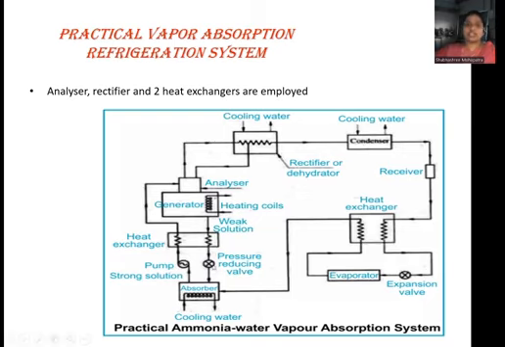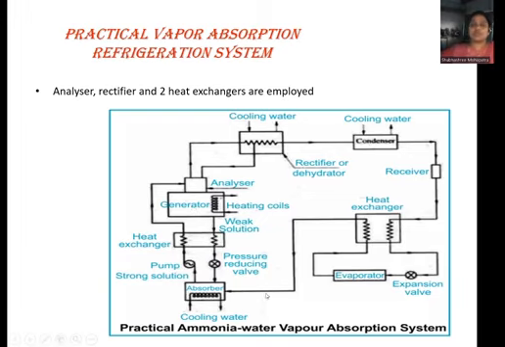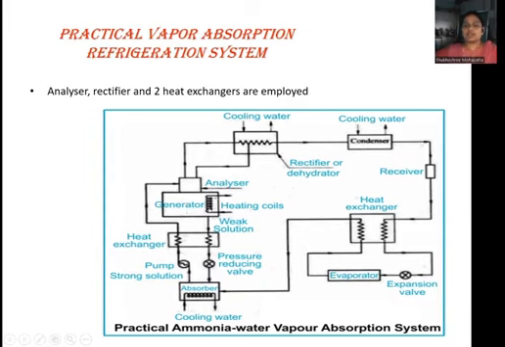There is another heat exchanger provided between the pump and generator. With the help of the pump, we are supplying the low temperature strong solution to the generator, and from the generator, a high temperature weak solution is returning to the absorber. If we provide one heat exchanger here, heat is exchanged between these two solutions.